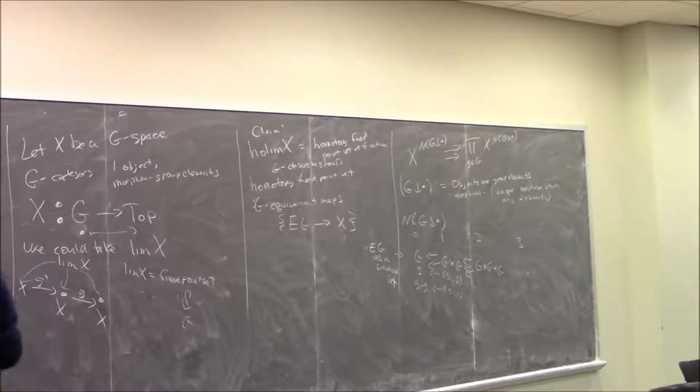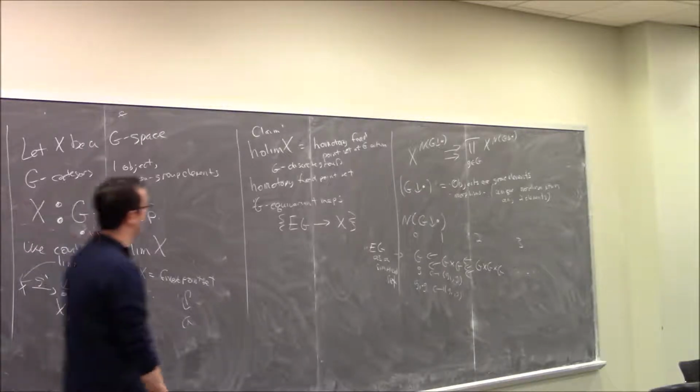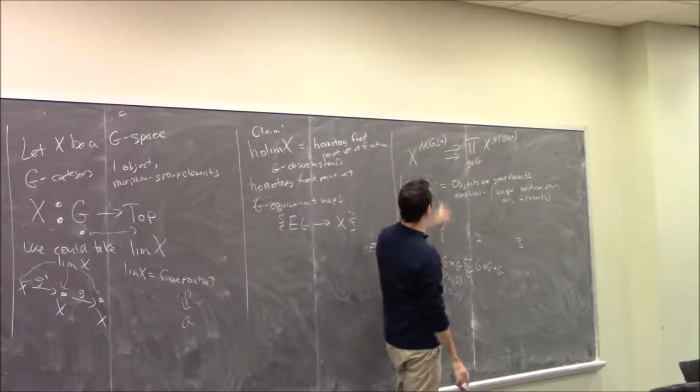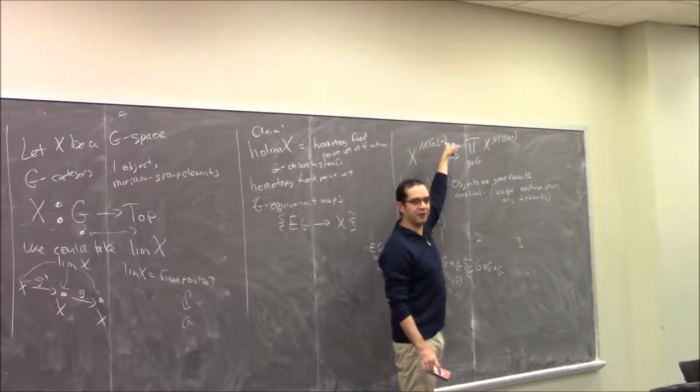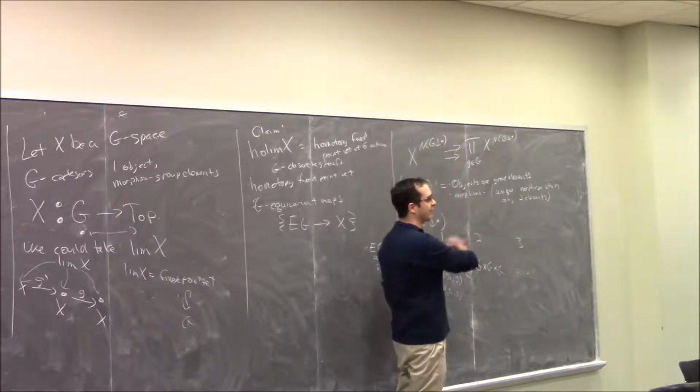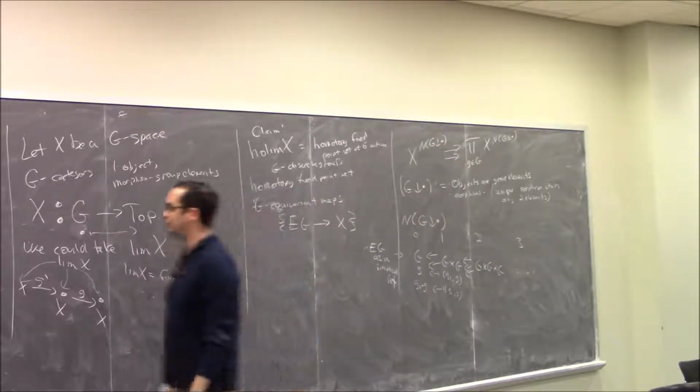Sure. So maybe now is the time to give the general definition. So these were just a bunch of examples, and we did it really minimally, just the one thing we needed in Top to calculate these homotopy limits.